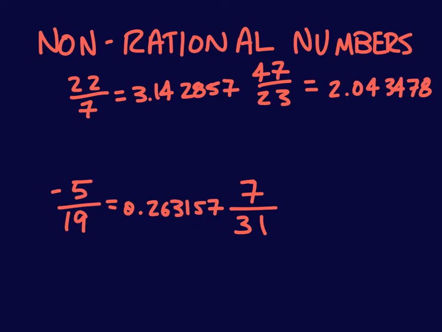All right, if I take 7/31, and this number was negative, 7/31 gives you a value of 0.225806. So these are non-rational numbers, and these decimals don't repeat and they don't end.